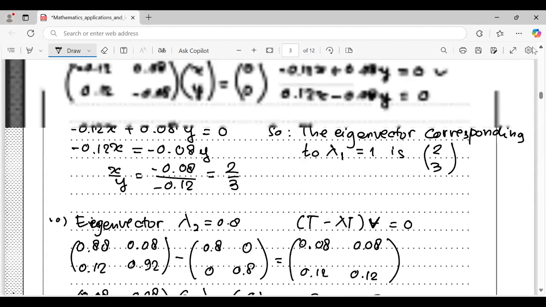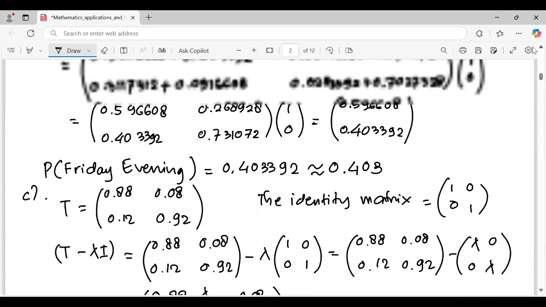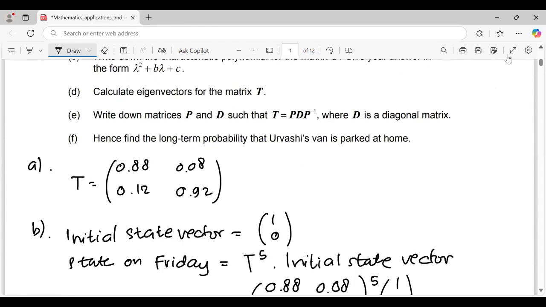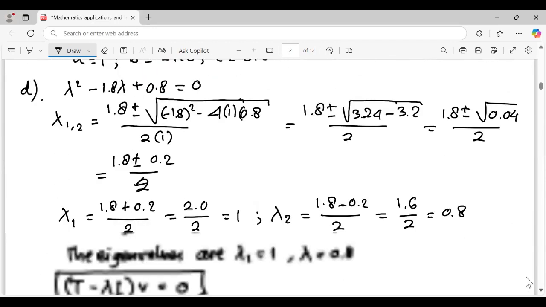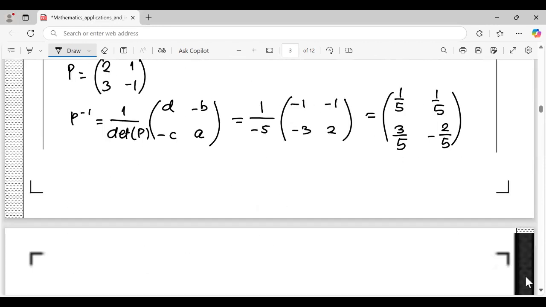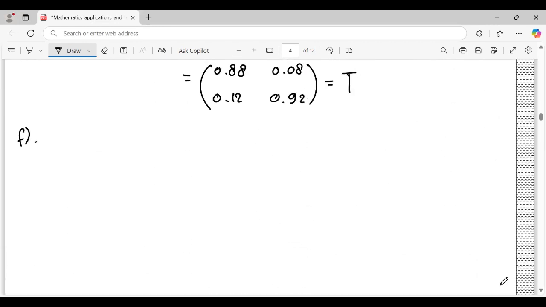Next question. Hence, find the long-term probability that Urva's fan is parked at home. If parked at home, it means the second number on the matrix. Next, the diagonal matrix D is 1, 0, 0, 0.8.